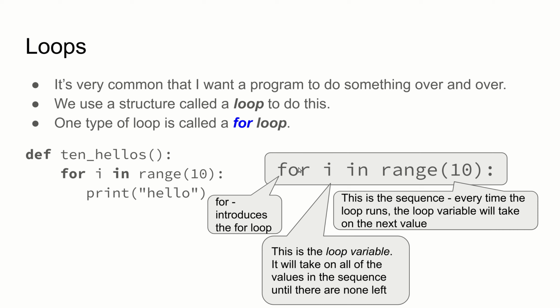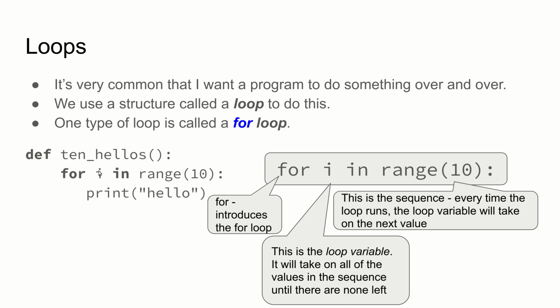So digging deeper into that statement, for is a keyword that says we're going to be using a for loop. We then define some loop variable. Here our loop variable is called I. Often we use I as a loop variable when we have an integer that we're going to be using as our loop variable. That integer will get values 0 through 9.